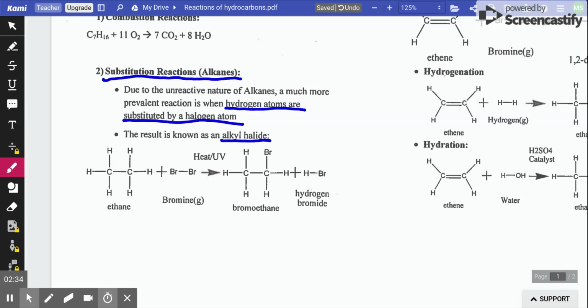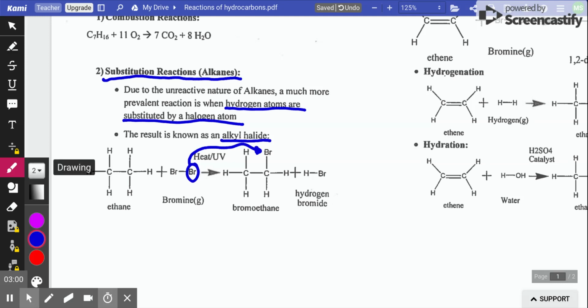We may or may not have learned how to name alkyl halides, but if we have not, we'll do it soon. So in this example, if we have an ethane and bromine gas, this bromine ends up coming over here. It substitutes out a hydrogen in the compound. That's it. A halogen substitutes out a hydrogen. So that's the first one.